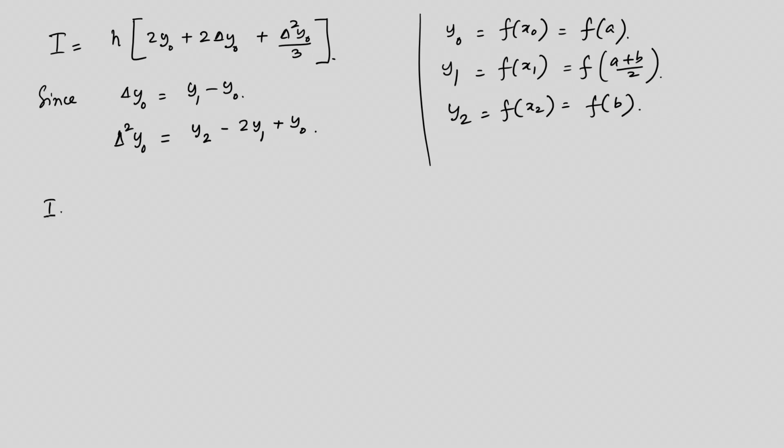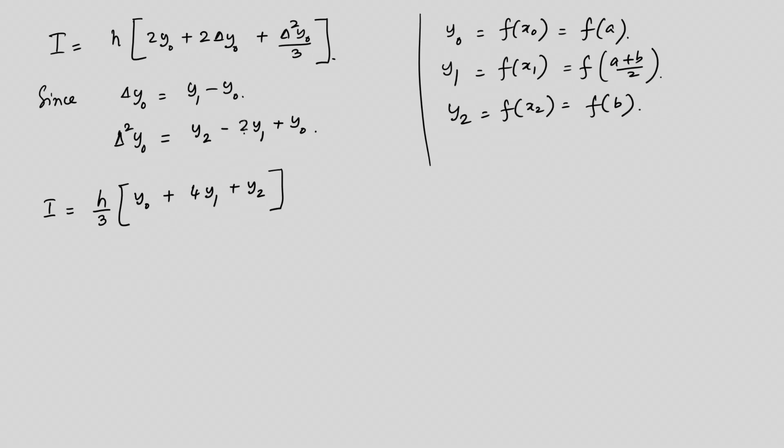So, your I becomes equal to h over 3 times y 0 plus 4 y 1 plus y 2. Okay. So, this is after simplifying and putting in all this.